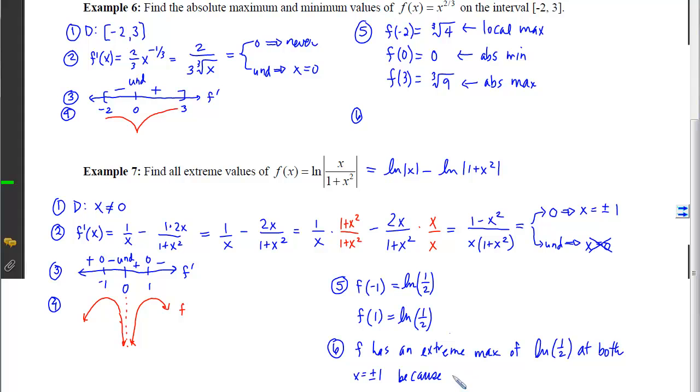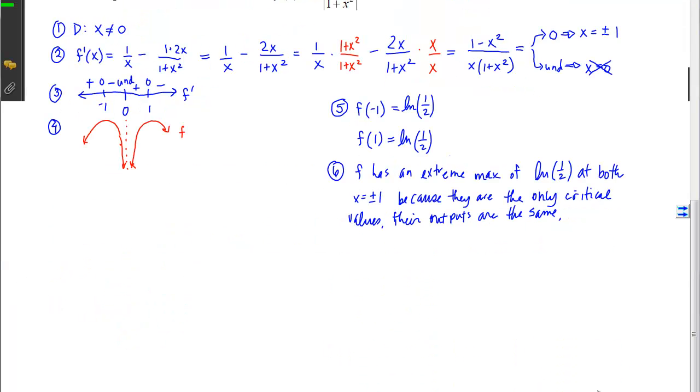So what we have to say is because they are the only critical values, their outputs are the same, and f prime changed from positive to negative at x equals plus or minus 1.